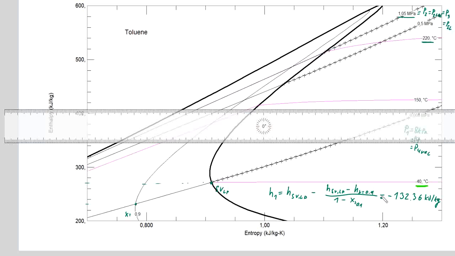And if you would like to get the entropy, we would basically use the same process just with values of entropies, or in the thermodynamic functions we could again get it as a function of pressure or temperature and steam quality of 0.